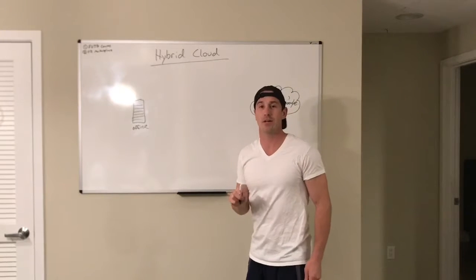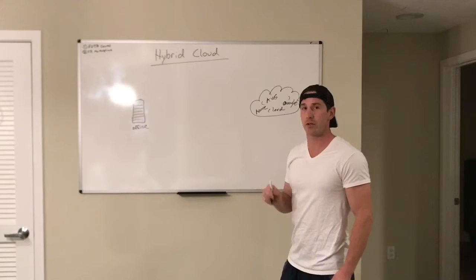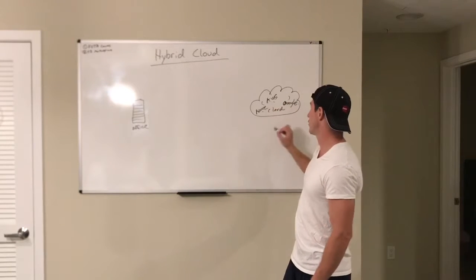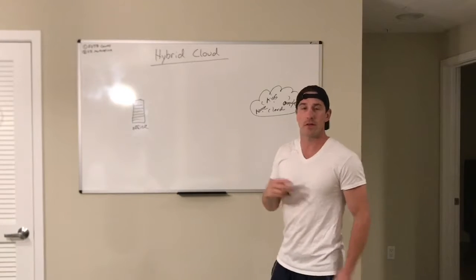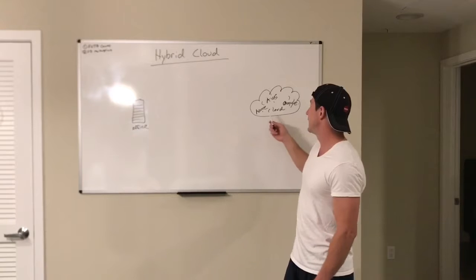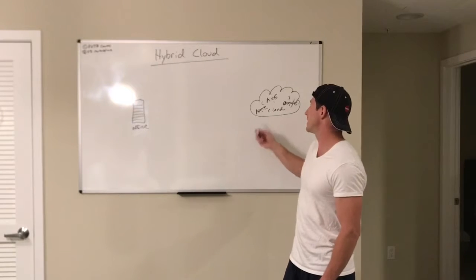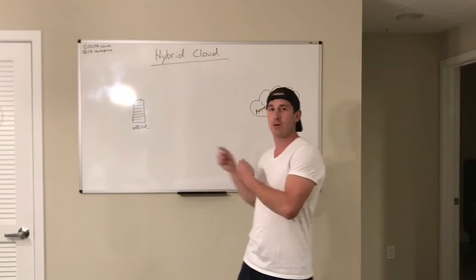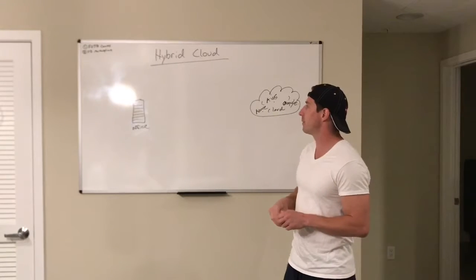Now you're also going to hear it when people are talking about using multiple clouds, right? So using AWS, Azure, and Google. Now there's various reasons to use multiple. Maybe you're doing rendering with Google, you're going to compute with AWS, and you're going to store with Azure. Whatever you're doing, there's pros and cons to each platform.